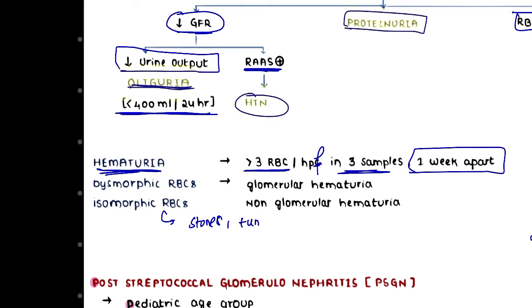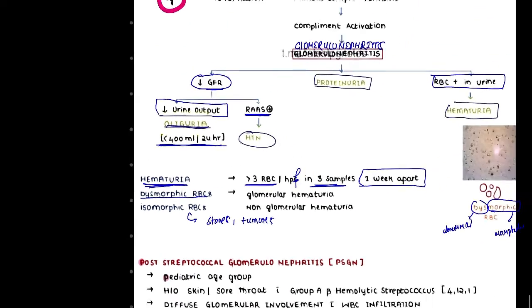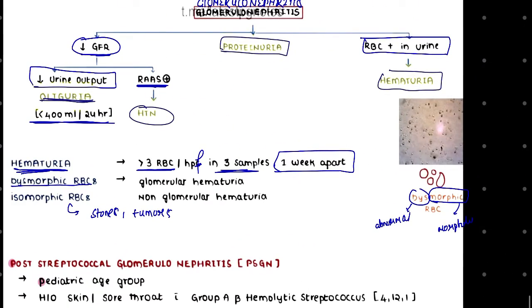It occurs in the case of tumors, right? And yes, we talked about dysmorphic RBCs. They are found obviously in nephritic syndrome.